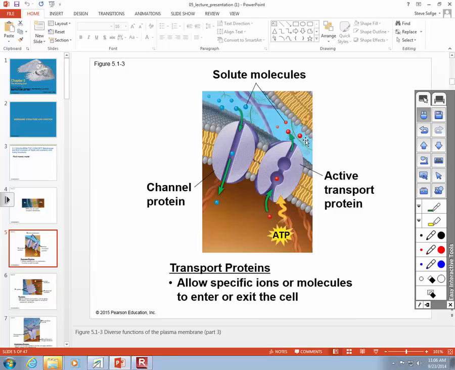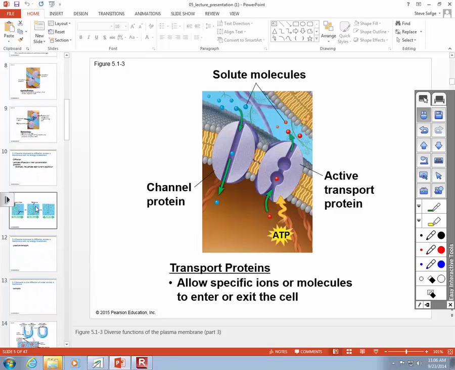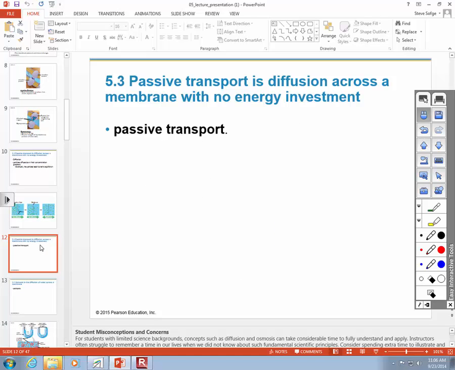And in order to do that, you need a protein to help you, and you also need some energy to go from a low concentration to a high concentration. That does require the expenditure of ATP, so that is why they call it active transport. So if it's a diffusion, that's going to be a passive transport. If it's a facilitated diffusion, that is also going to be a passive transport.